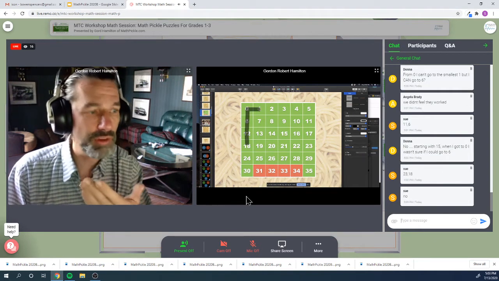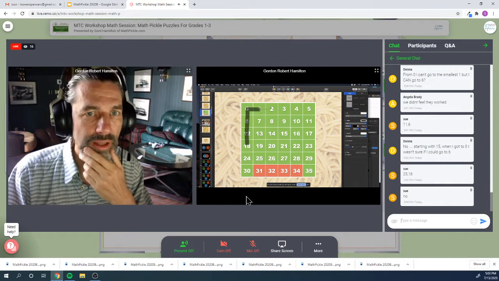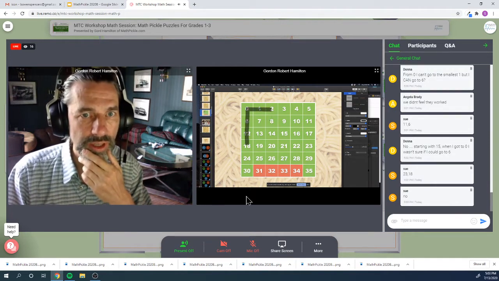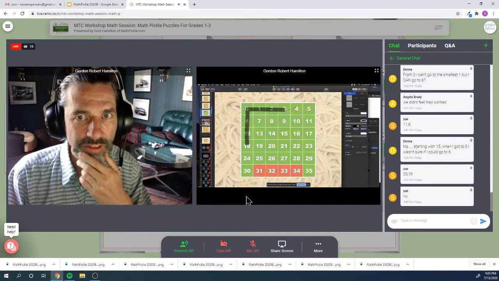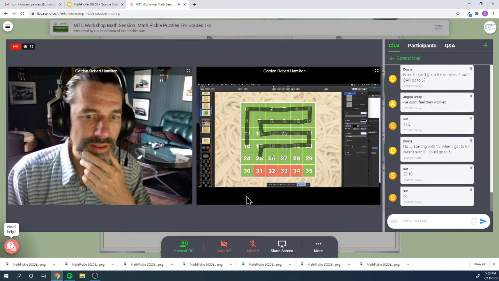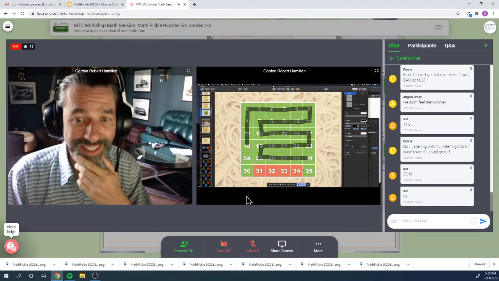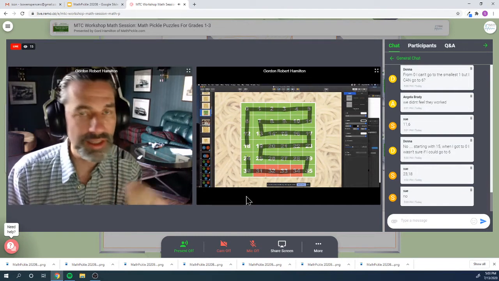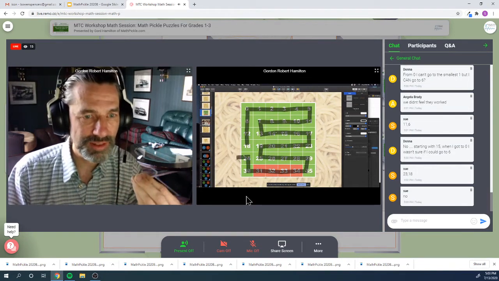Oh, I have to go to 1. Then I have to go to 2 or 7. 2 is smaller. I'll go to 2. 3 or 8. I'll go to 3. 4, 5. Okay. 18 needs to be colored green because it is a success.